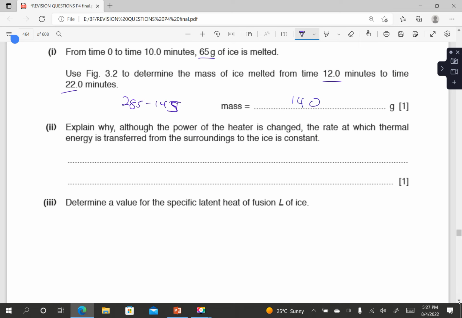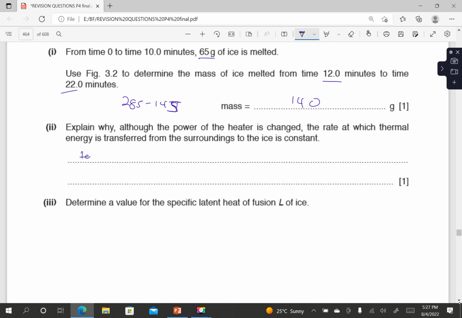Explain why, although the power of the heater is changed, the rate at which thermal energy is transferred from the surrounding to the ice is constant. I think we have answered a similar question. The temperature difference between the apparatus and the surrounding does not change at constant rate.